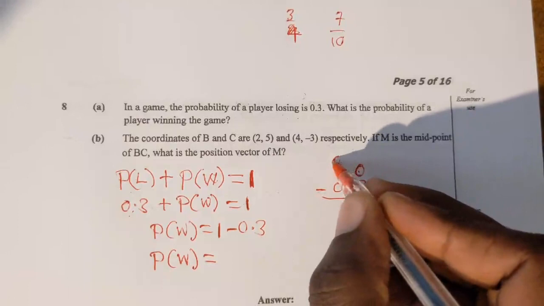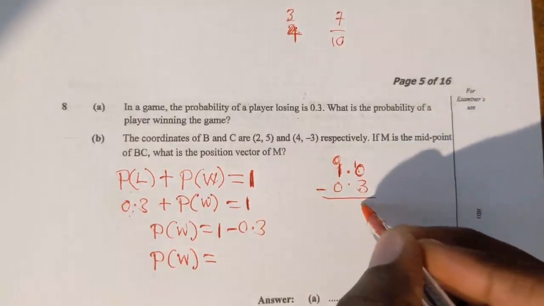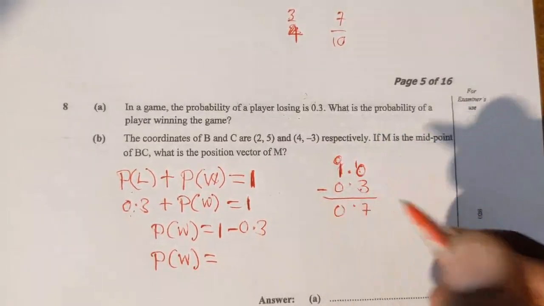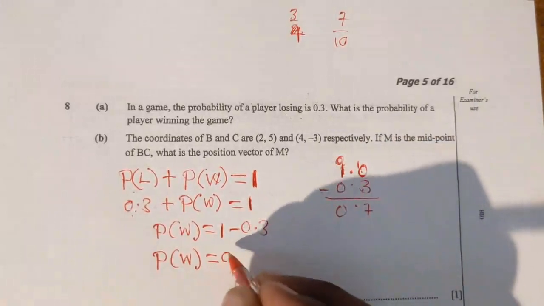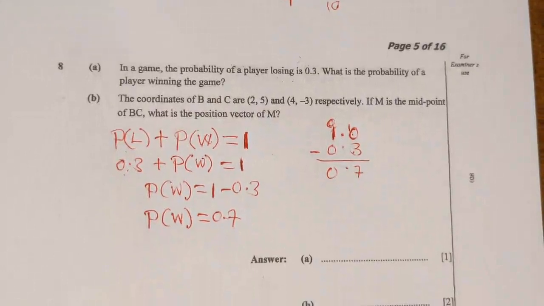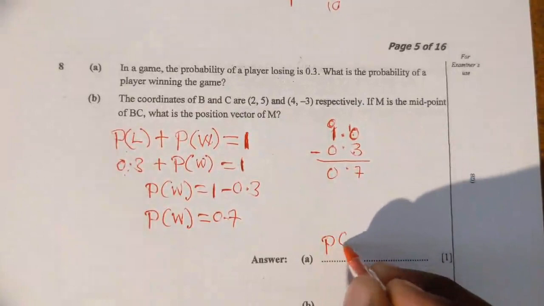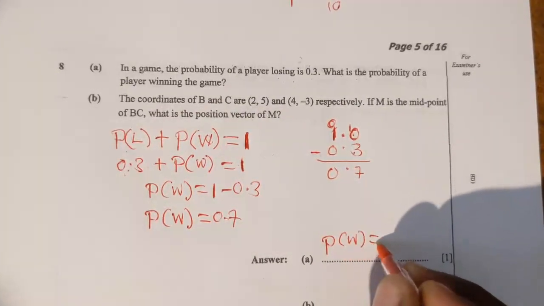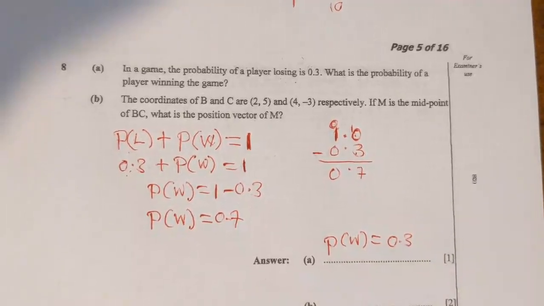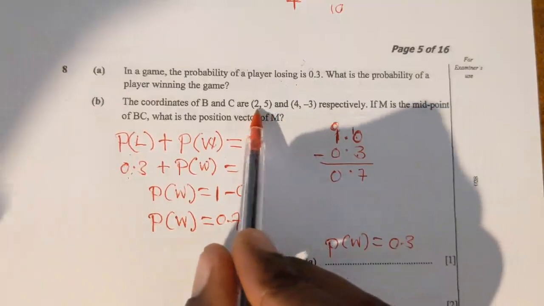Here it becomes 10, so 10 minus 3 is 7. Then 0 minus 0 is 0. So this is 0.7. The probability of a player winning is 0.7, as simple as that.